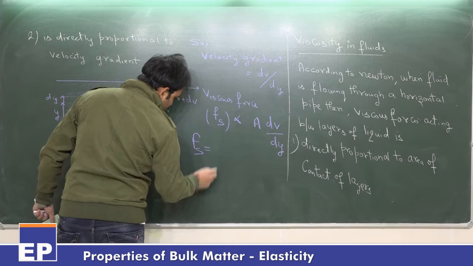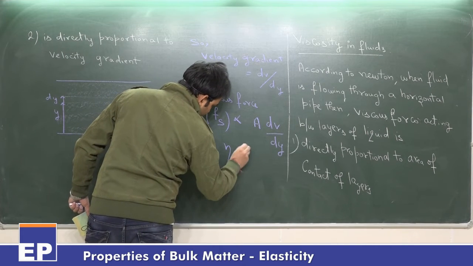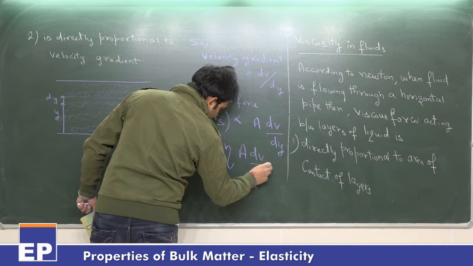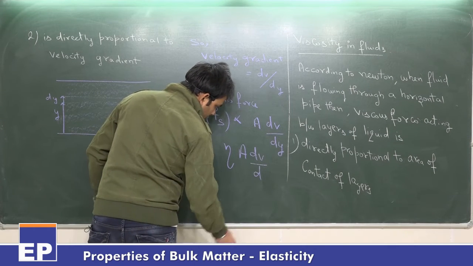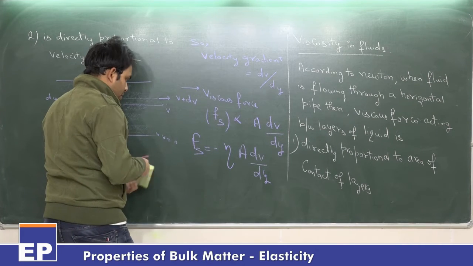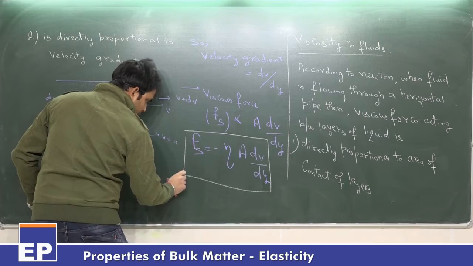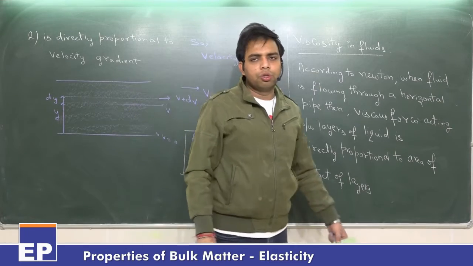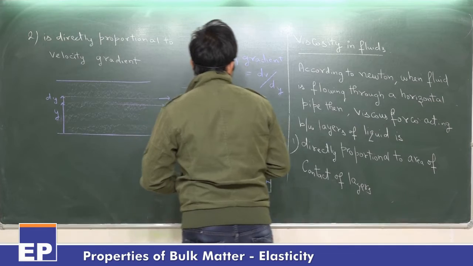Viscous force is equal to minus eta into A into dv by dy, where eta is called the coefficient of viscosity. The negative sign is used because it is acting in the opposite direction. Is it clear?